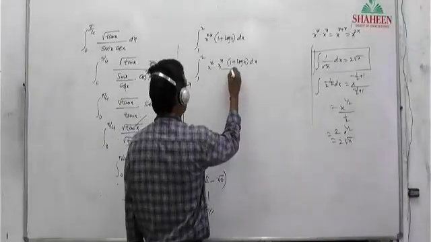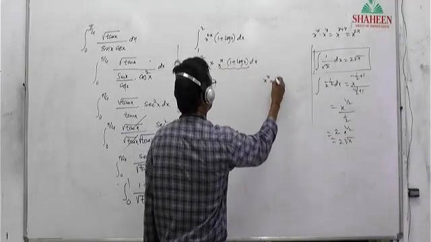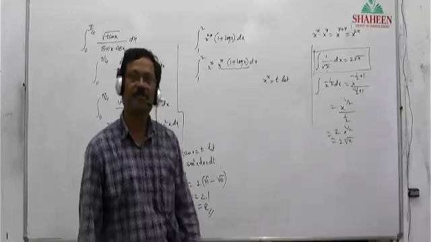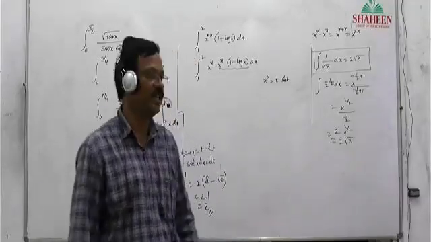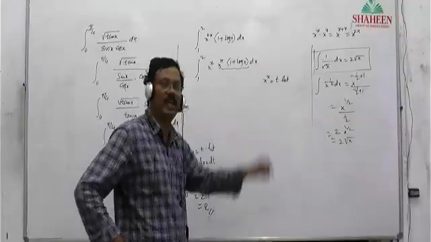Now see here. This x power x, I am taking as t. What we are taking here, x power x is equal to t. Then what is the derivative of this x power x? Is there any differentiation formula?